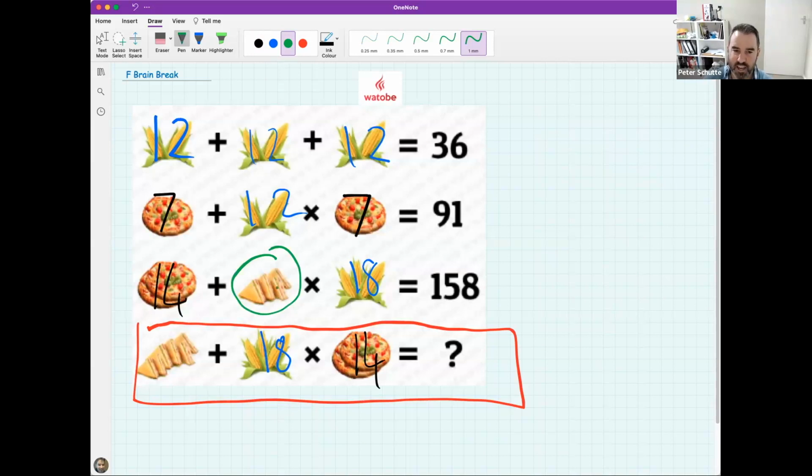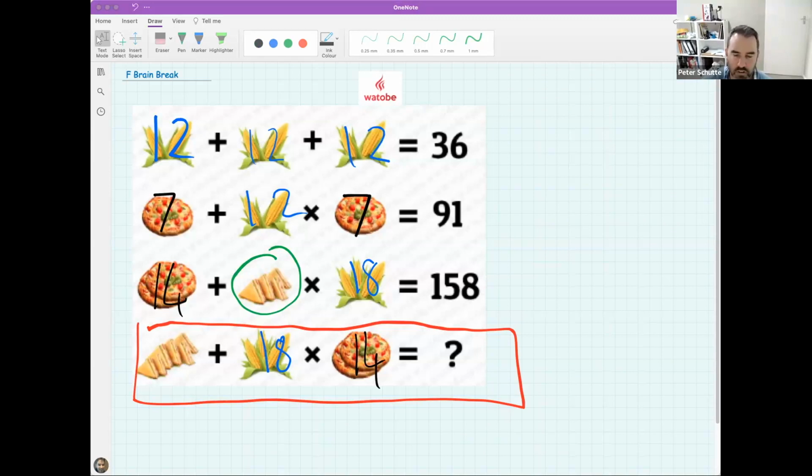So what are we going to get for one sandwich here? I might even have to use the calculator. So 1 times 18, so 7 has been suggested. So 7 times 18 is 126 plus 14. That doesn't quite work.